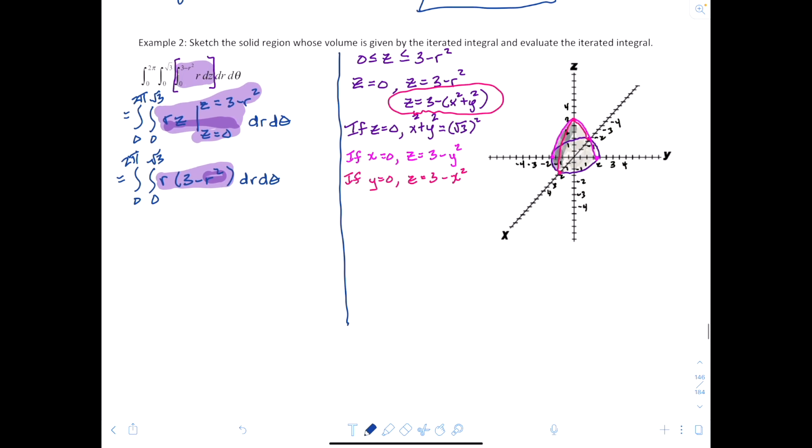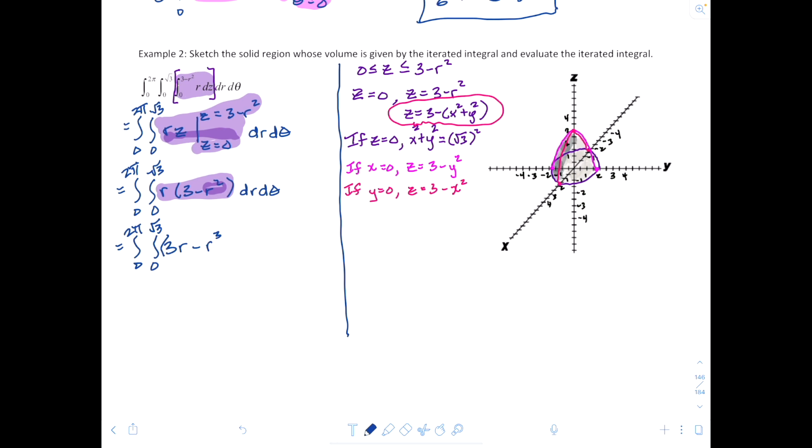Now, if I rewrite this, I'll have 0 to 2 pi, and then 0 to root 3, and then 3r minus r cubed, dr d theta. Remember that means r is bound between 0 and root 3, which makes sense, since r is that radius.